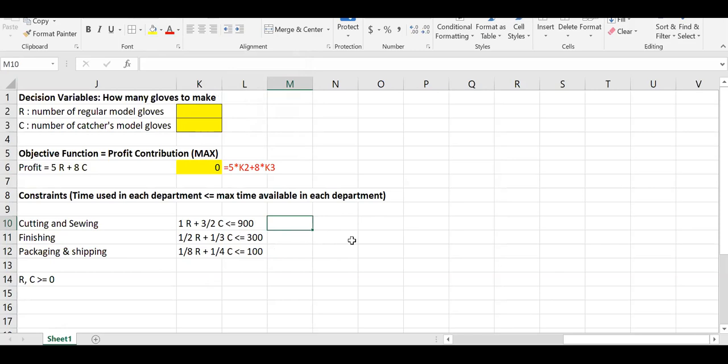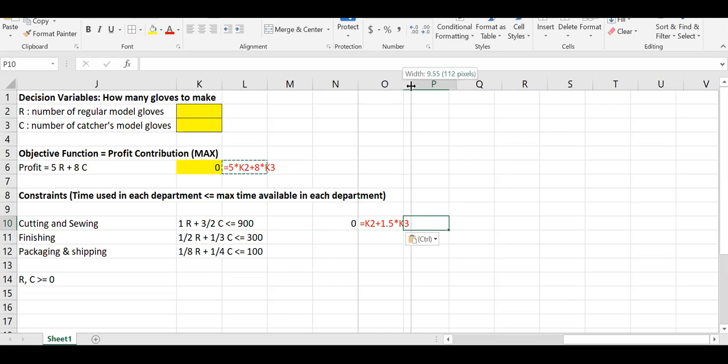So it's going to be 1 times R plus 1.5 times C, or 3/2 times C. If I had my parameters typed, I could have used the SUMPRODUCT function, but that's okay.